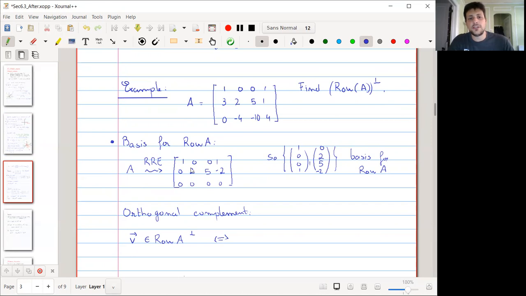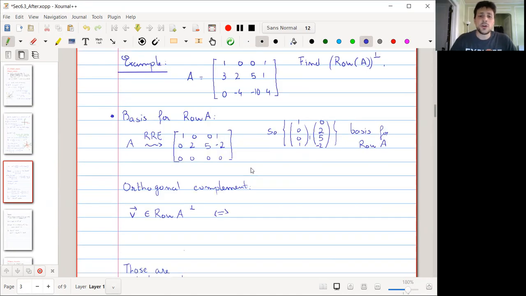You can check the details here, but what you get is this matrix over here for a reduced row echelon form. And then from the reduced row echelon form, we can just read out a basis for the row space of A, which is given by the non-zero rows, and those are the ones that are collected here on the right.